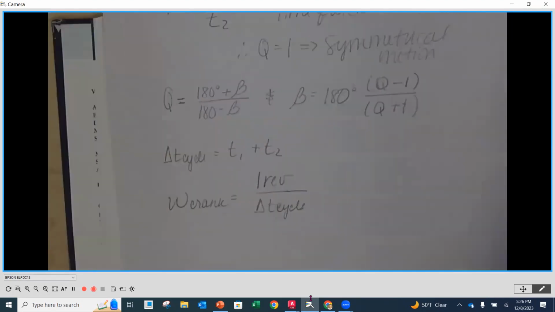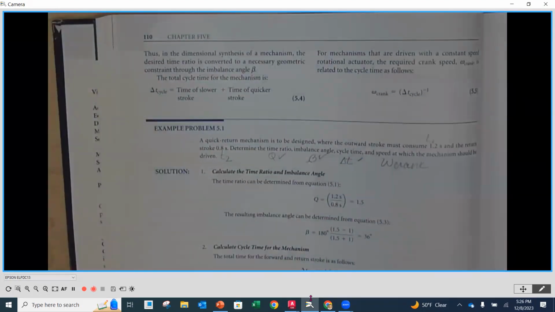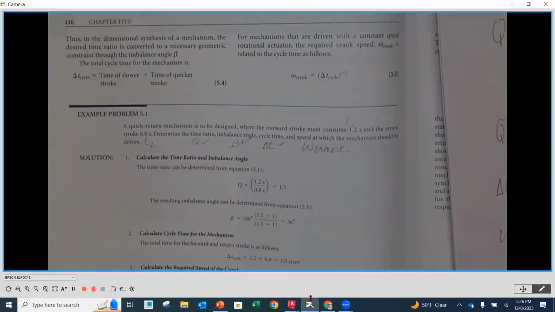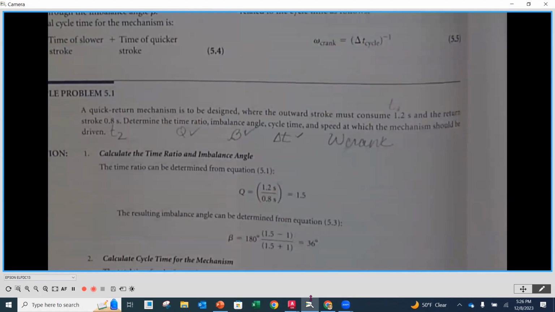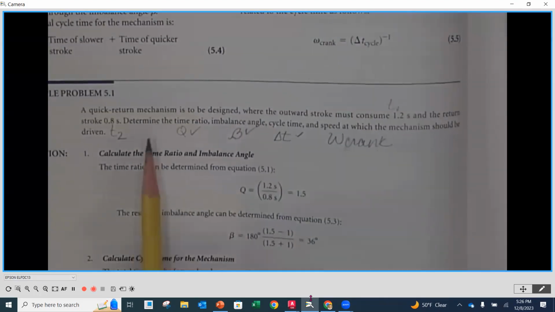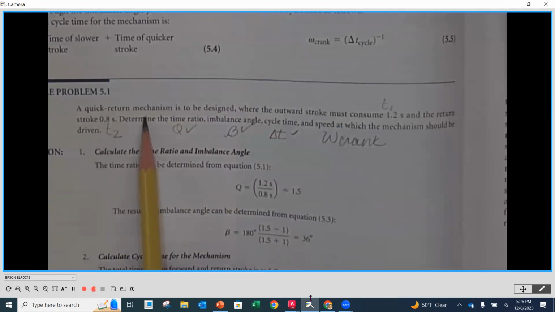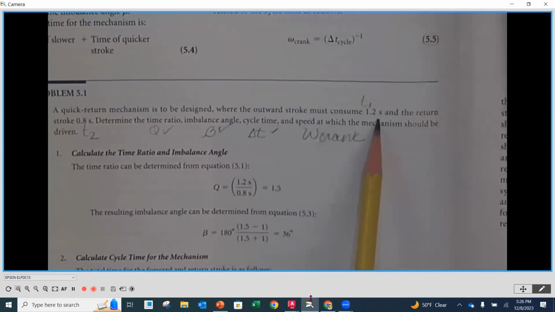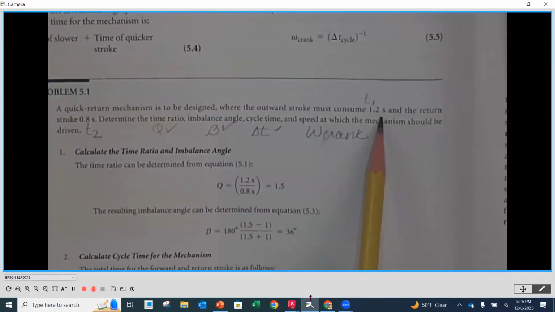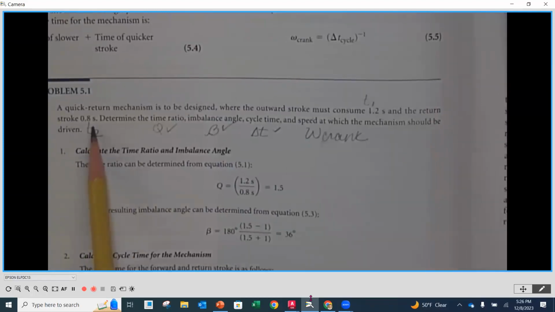Okay. All right. So the first example that we're going to be looking at here is going to be using 3, 4 of these variables. It says that we have a quick return mechanism to be designed where the outward stroke must consume 1.2 seconds. And the return stroke needs to be 0.8.